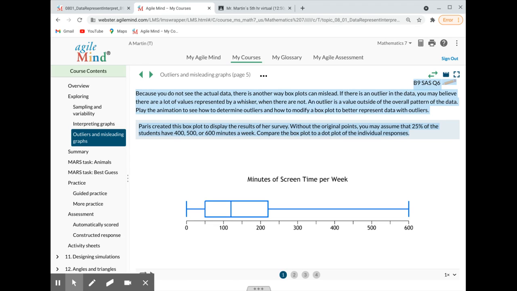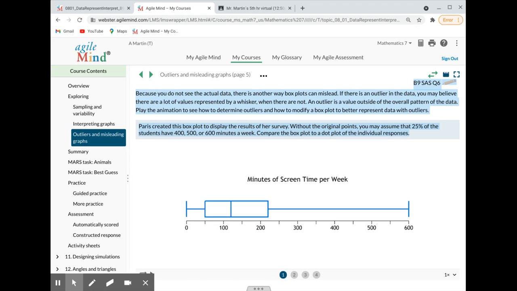Pairs created this box plot to display the results of our survey without the original points. You may assume that 25% of the students have 400, 500, or 600 minutes a week. Compare the box plot to a dot plot of the individual data.